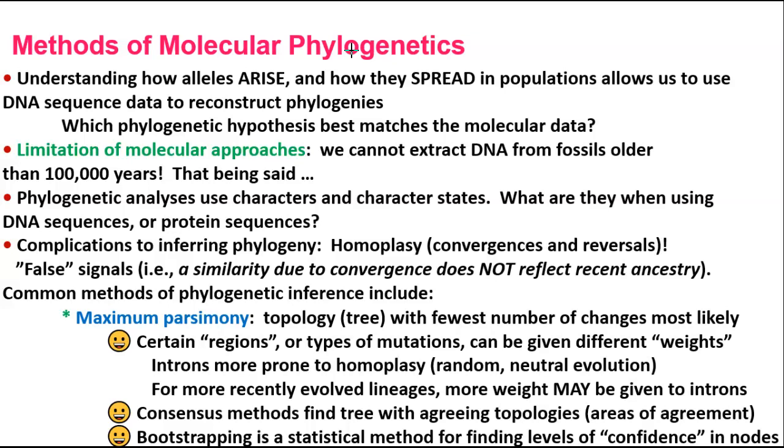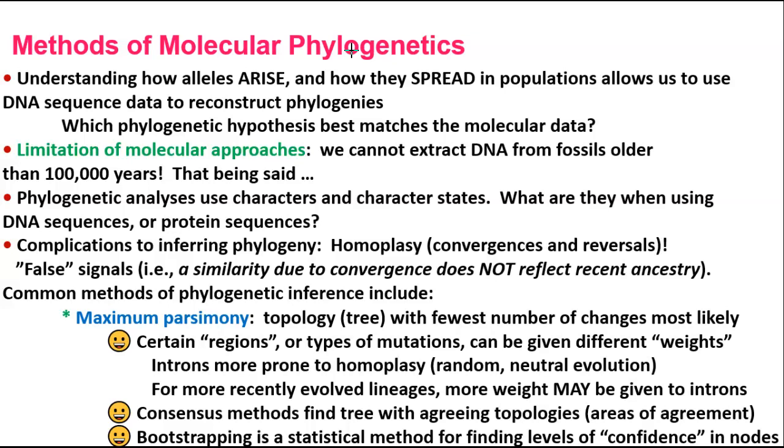Now, of course, like we talked about in chapter 4, there are complications to inferring phylogeny. One of the biggest ones is homoplasy. It's real. Life has evolved similar character states in different lineages. That's convergences and reversals. And that complicates our efforts to figure out the history of life, the phylogeny of life.